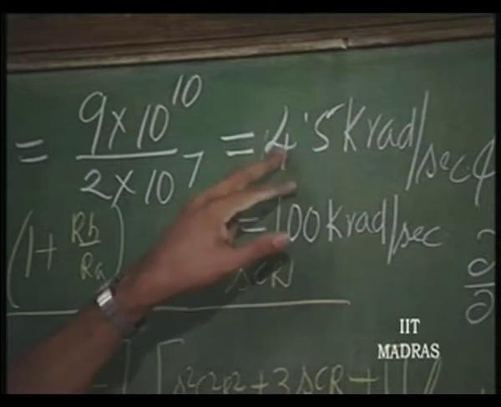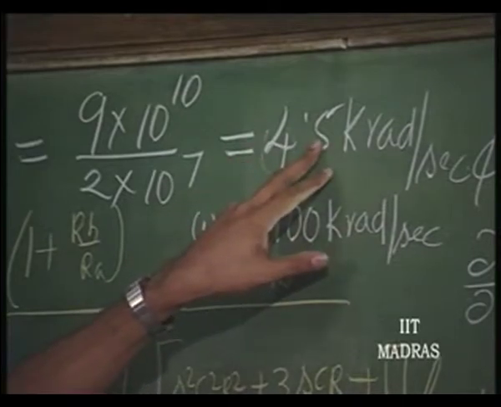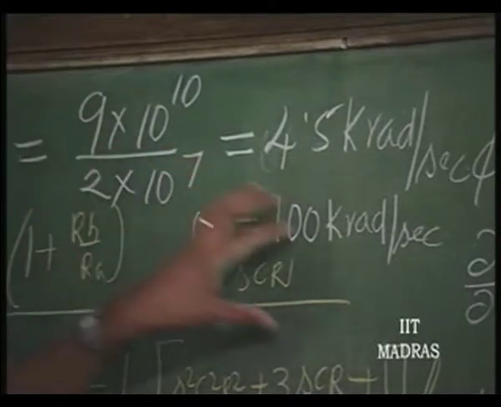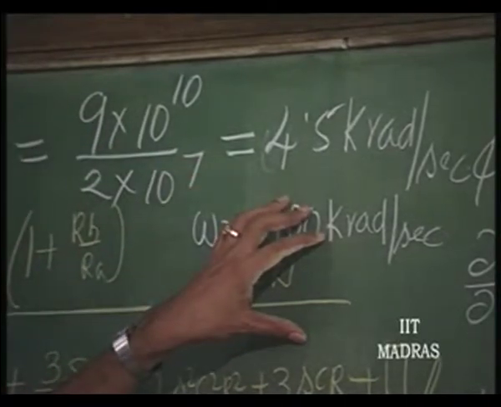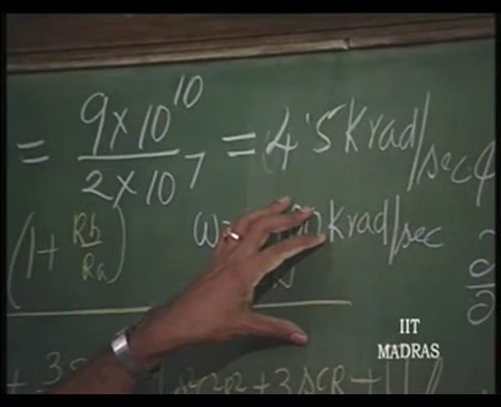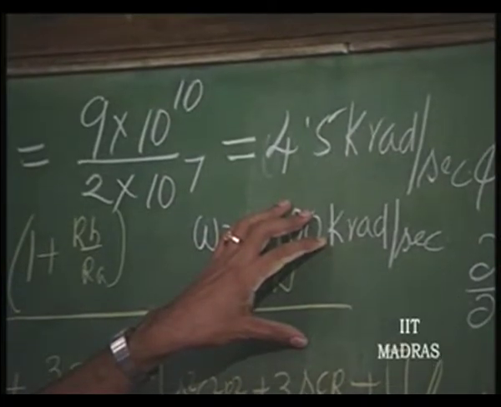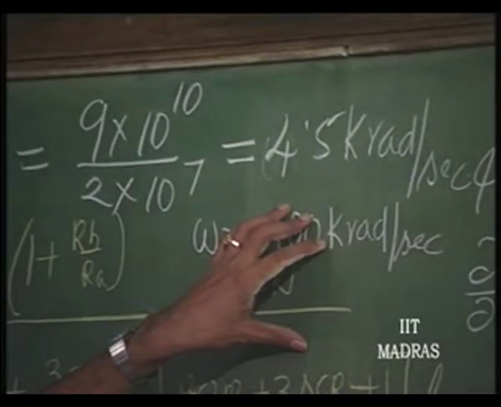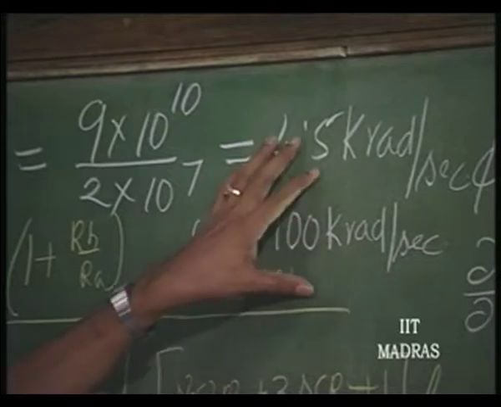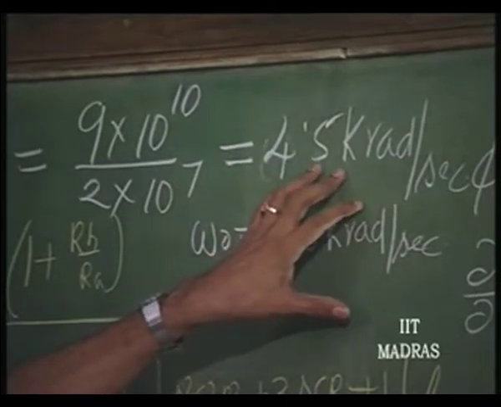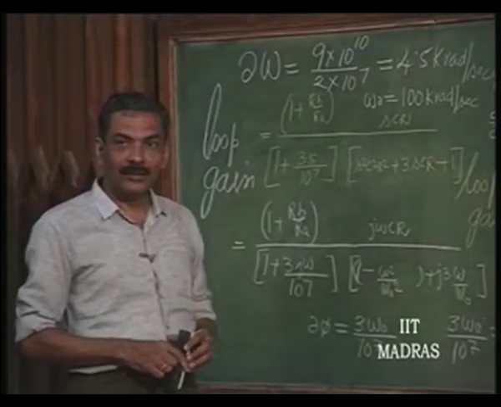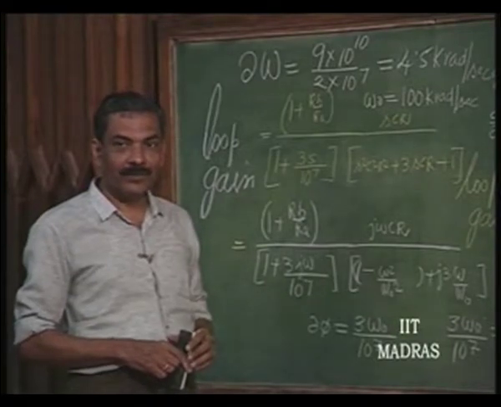It is about 4.5% error. Now, see the other one, when the same 100 kilo radians per second oscillator was designed, the other one had 2 radians per second as the frequency deviation, just 2 radians per second. Compare it to the change that has suffered because of the slow variation in phase with respect to frequency in the case of RC oscillators.